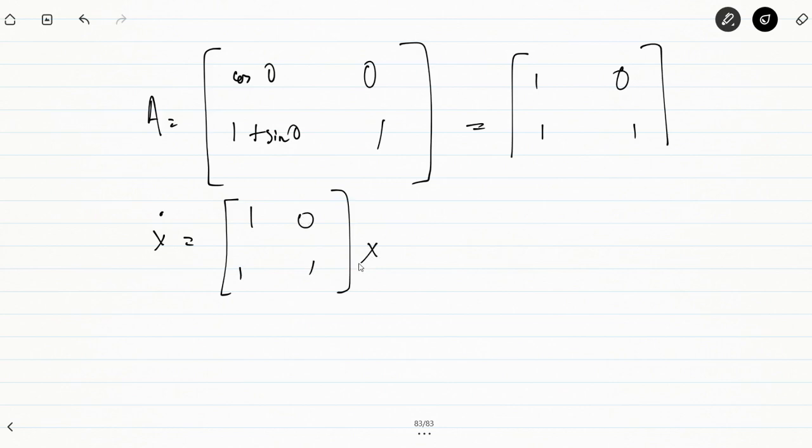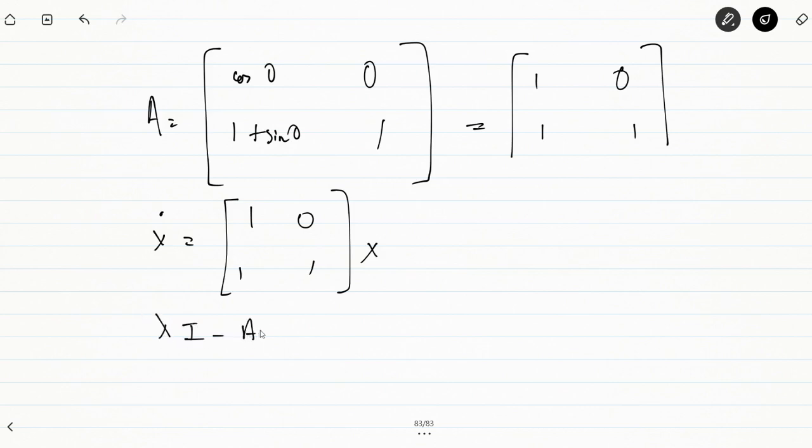So this is your linearized approximate of your nonlinear system that was given, around this equilibrium point x1 equal to 0, x2 equal to 0. So with this A matrix, we can find out the eigenvalues.